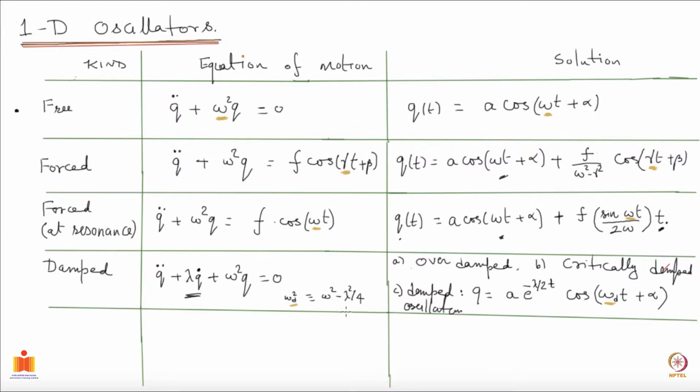So you see omega d is lesser than the natural frequency, and of course the amplitude of these oscillations also decays with time. So if you wait long enough, because of this exponential, the q would be 0, or practically 0. So that is what happens in damped oscillations.